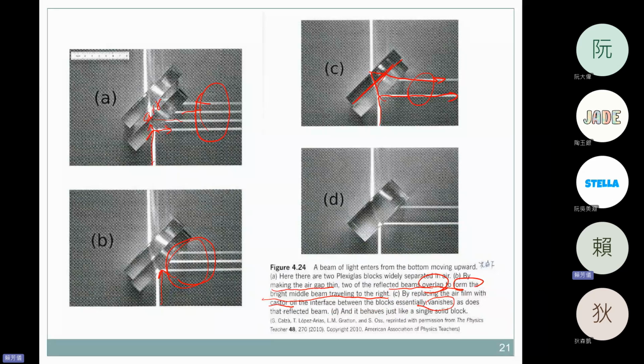Also, it behaves just like a single solid block. It means that if we put a material in the interface of these two blocks, and its refractive index is similar to the block, then the interface will vanish, so the behavior will be just like one block here.